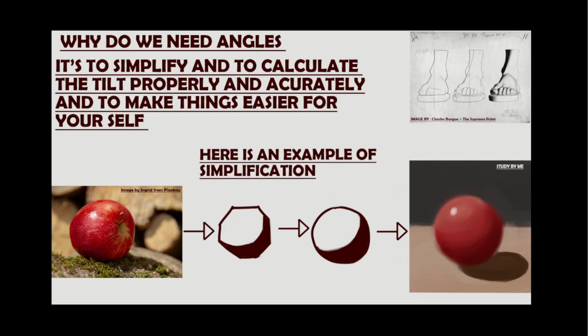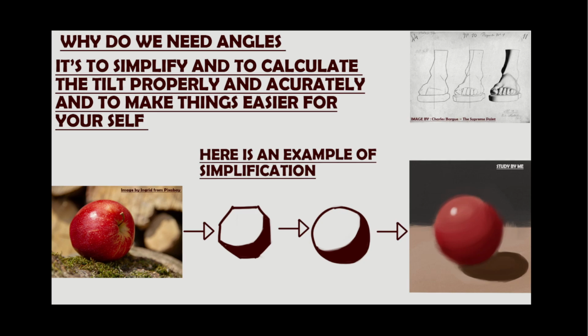First things first, why do we need angles? It's very easy. It's to simplify and calculate the tilt properly and accurately and make things easier for yourself. Below I have given an example of simplification, and above, as you can see, an image from an old master, Charles Bargue.